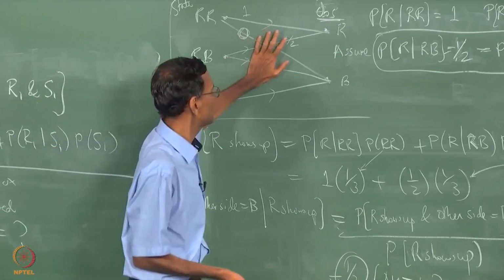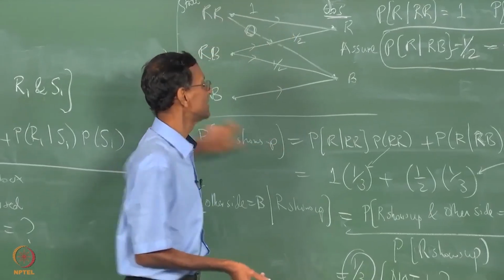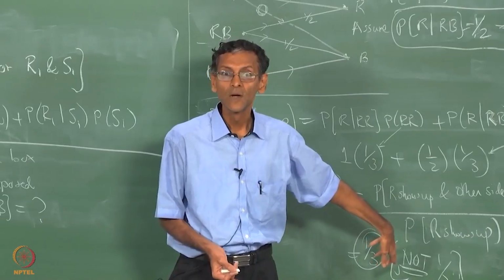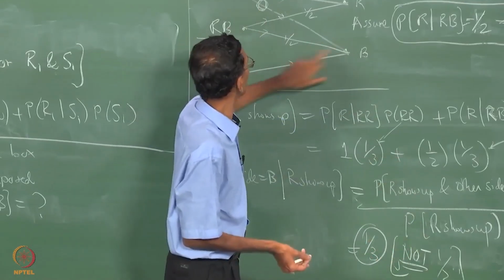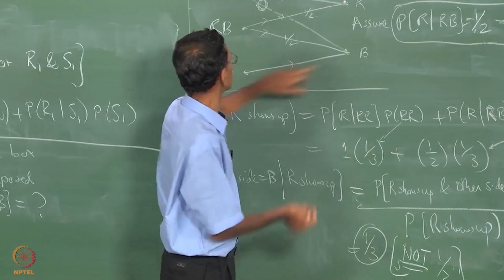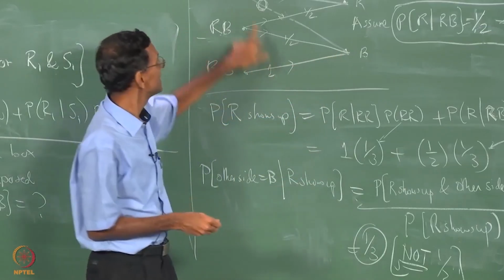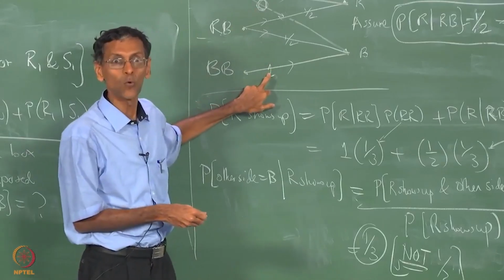Even if these conditional probabilities are exactly what they are, if these change then these numbers can change obviously. Clearly this 0 and this 1 are not going to change no matter what.